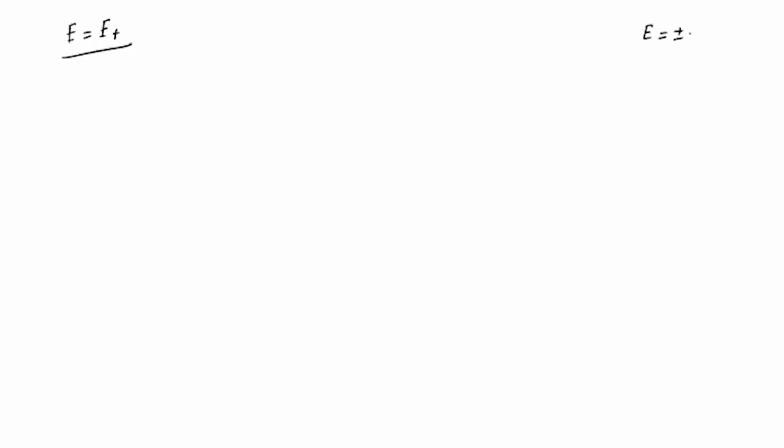So E is equal to plus or minus square root of c square p square plus m square c to the fourth; sorry, c has already been taken out. So it is p square plus m square c square. This plus sign is E equal to E plus.